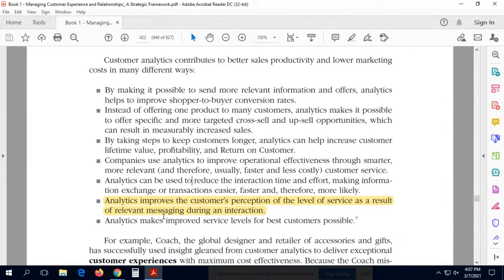Relevant messaging, just like the Scotia Bank example. If the messaging is not relevant, then the company can have your data, just like Scotia Bank has my data, but they are not sending me relevant messaging. So it's going to impact the way I think about them.